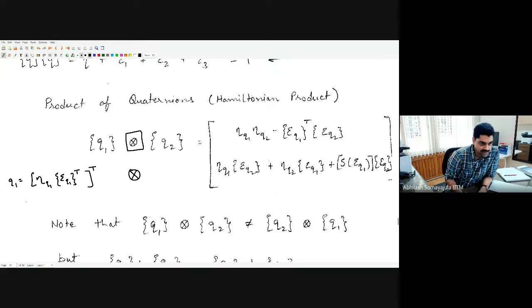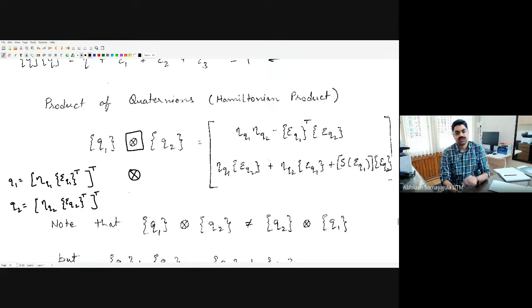Okay, and then Q2 quaternion, which is nothing but eta Q2 and epsilon Q2 transpose. Then this product between two quaternions, Q1 and Q2, is defined as eta Q1 times eta Q2 minus epsilon Q1 transpose times epsilon Q2.